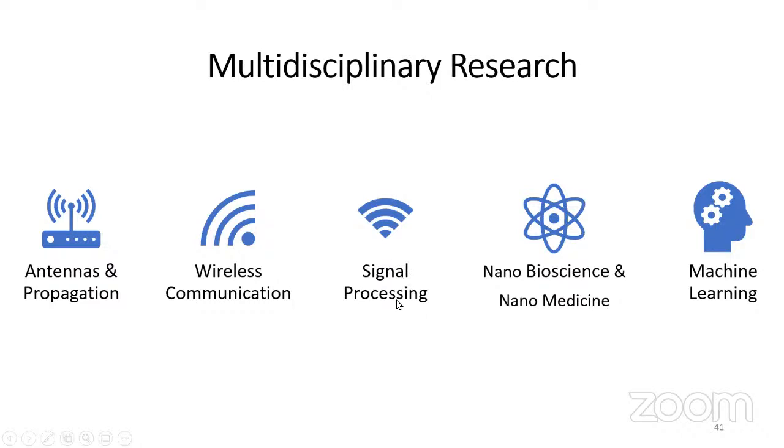Signal processing means to remove the noise from the signal. We need nano bioscience and nanoscale sensors, which is called nanomedicine. Nano here means very small. The reason we want to make our sensors very small is so that they can detect any small changes in anything we are trying to find.